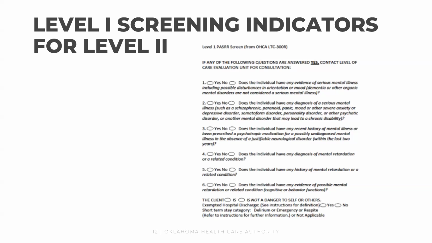So let's go over these. Questions 1, 2, and 3 pertain to a major mental illness. Questions 4, 5, and 6 pertain to an intellectual disability or related condition. So let's go through them. Question number 1, does the individual have any evidence of serious mental illness, including possible disturbances in orientation or mood?